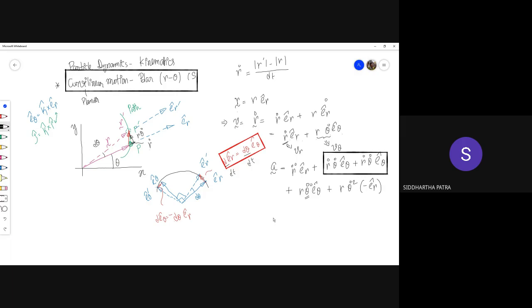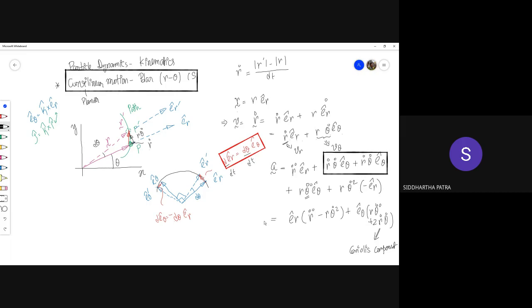So basically er times r double dot minus r theta dot squared, plus e theta times r theta double dot plus twice r dot theta dot. Now this term right here is called the Coriolis component, and that sort of component arises when you have both linear and angular relative motions.